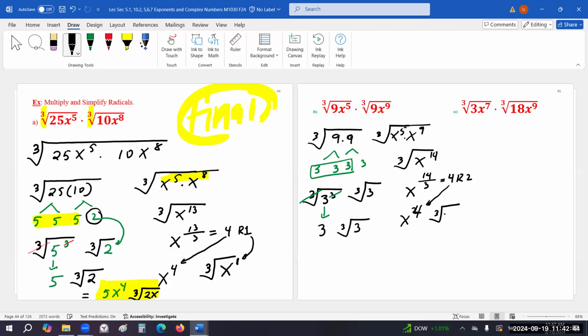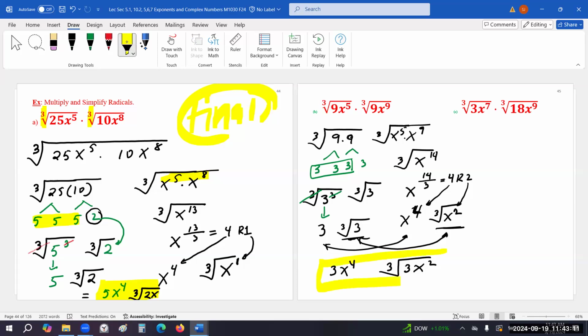Every remainder is not free, so it goes back inside the radical. So these are free, 3x to the 4. These two are trapped, underage, lonely. So we let them be friends. And these are the final answer.